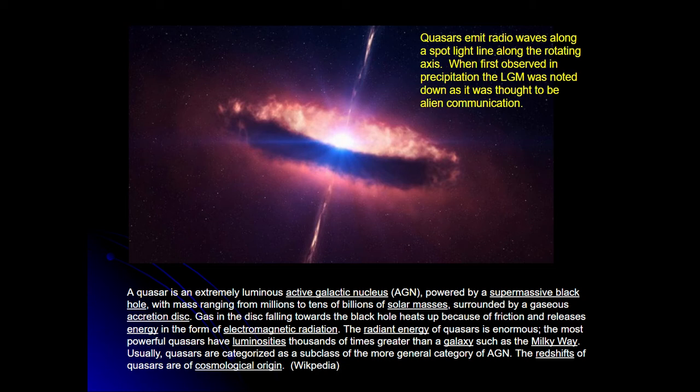They tend to be tens of millions of solar masses, and they're often surrounded by an accretion disk. Gas falls towards the black hole and gets heated up, releasing lots and lots of energy in the form of electromagnetic radiation. This radiation gets emitted along the axis of rotation, so we've got one clear line, like a spotlight, going out into space.